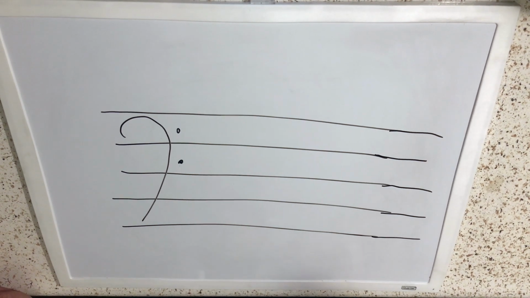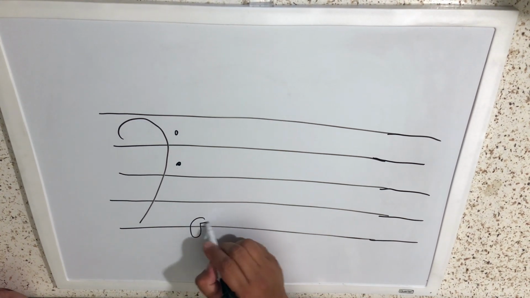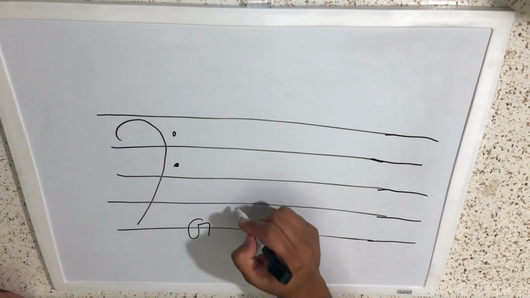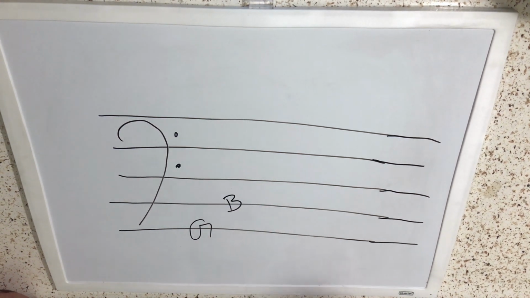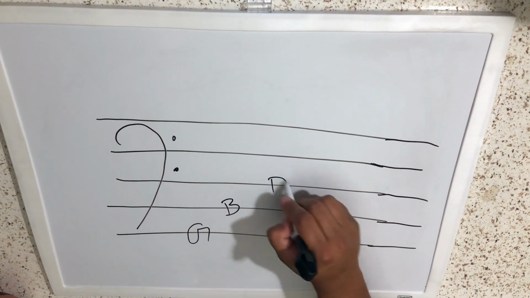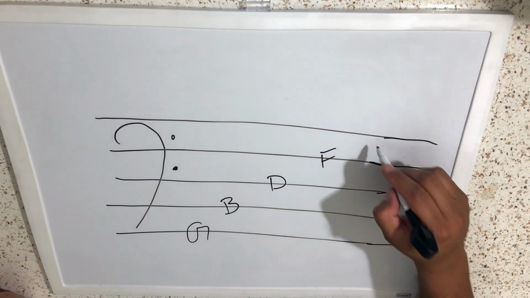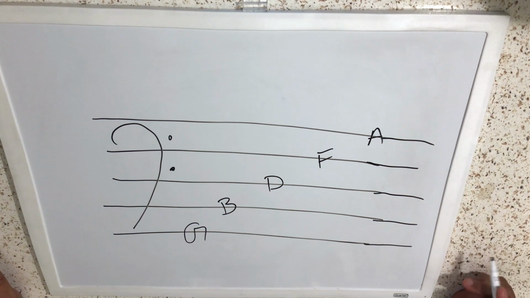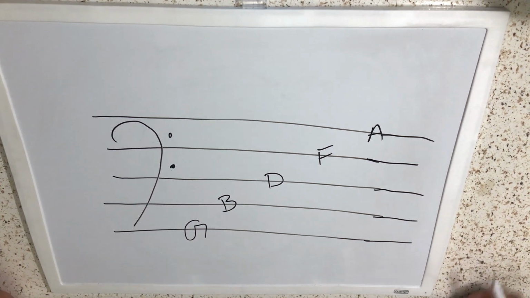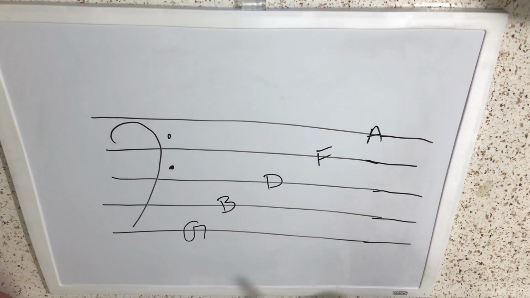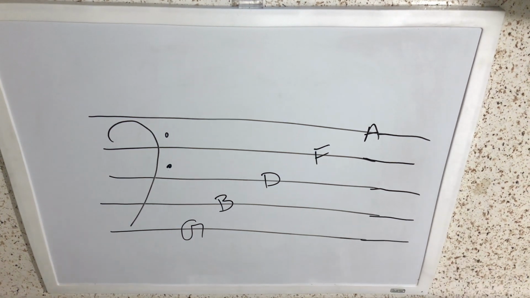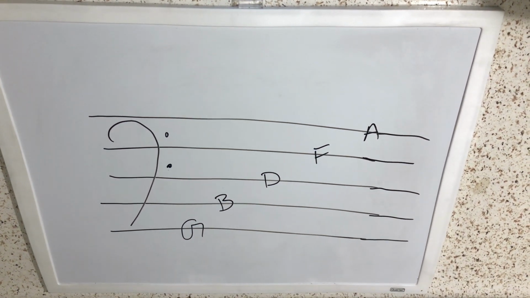So we're going to learn in bass clef, this is a G. Next line, it's a B. Next one is a D. We have an F. We have an A. The way I remember it is, good burritos don't fall apart. And that has stuck with me the entire time.